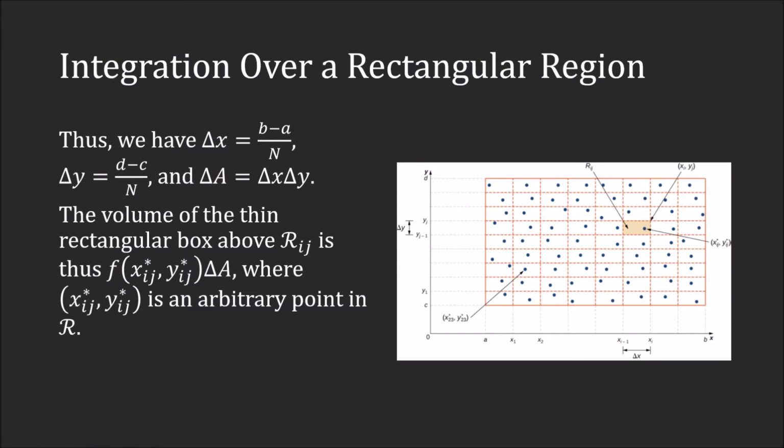So f(x sub ij star, y sub ij star) represents the height of this box. The point (x sub ij star, y sub ij star) is just some arbitrarily chosen point within this subrectangle R sub ij. And I'm sorry, I should have had sub ij down here.